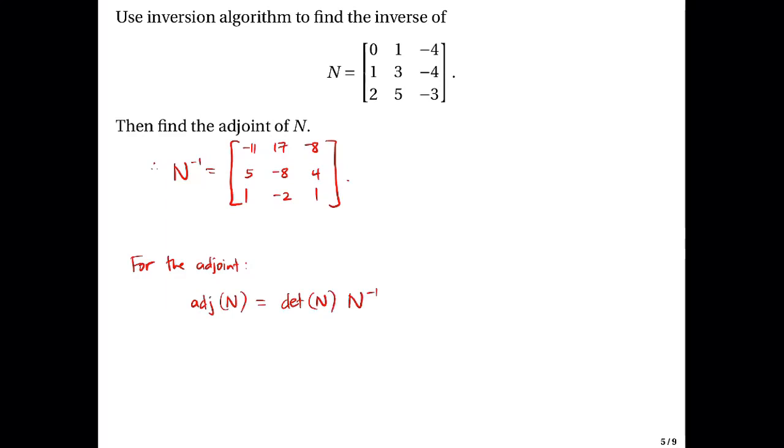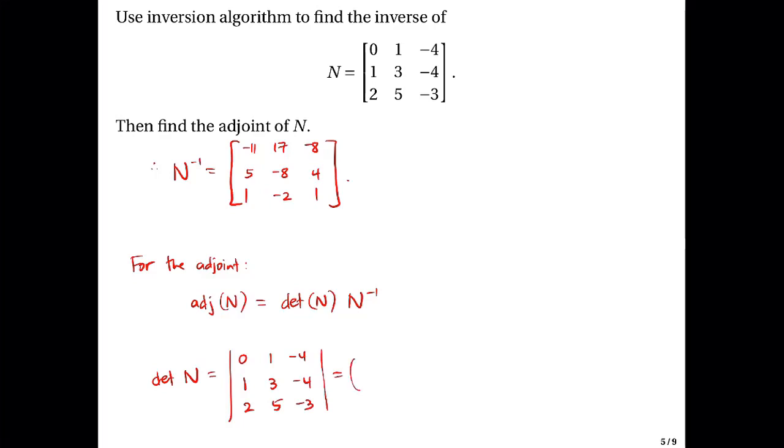Okay? So for that, we have the determinant of n. You have 0, 1, negative 4, 1, 3, negative 4, 2, 5, negative 3. So calculate the determinant.